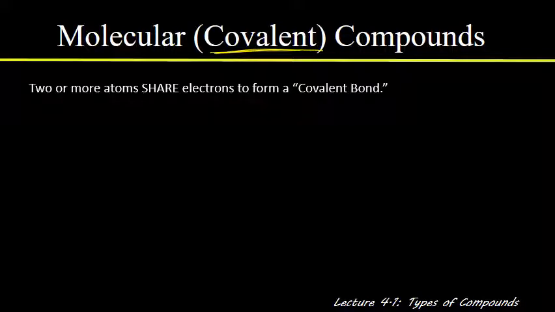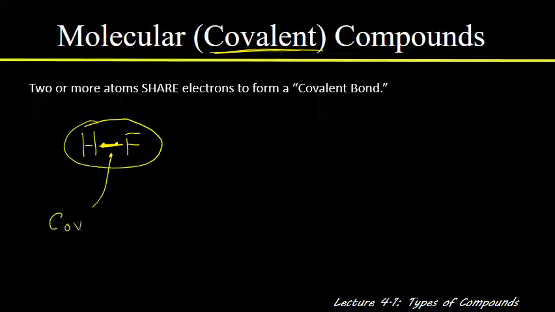So, for example, hydrogen and fluorine: the hydrogen and the fluorine each share an electron, and those electrons form a bond between them, and so you get this molecular unit and that shared pair of electrons. It's called a covalent bond.